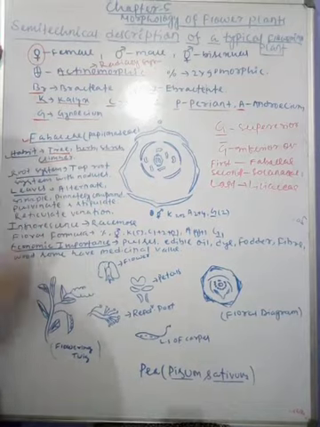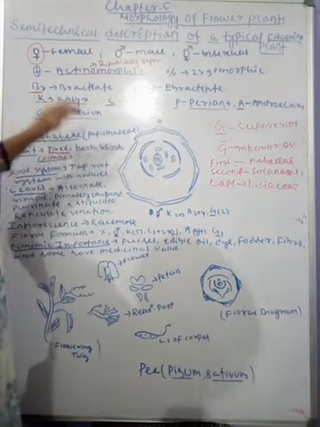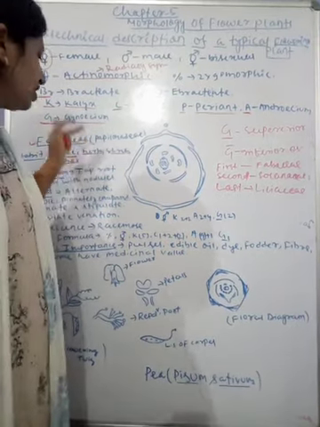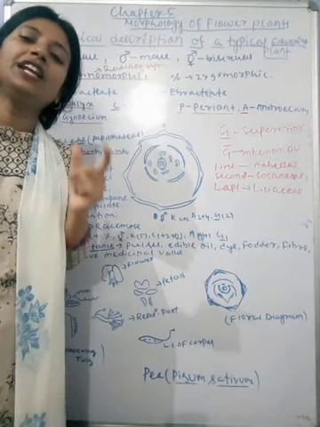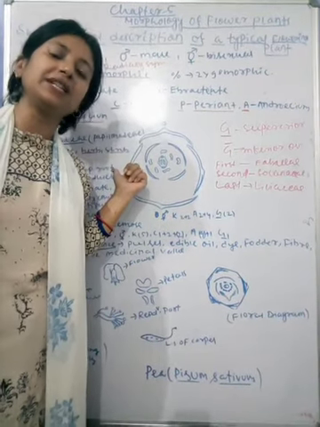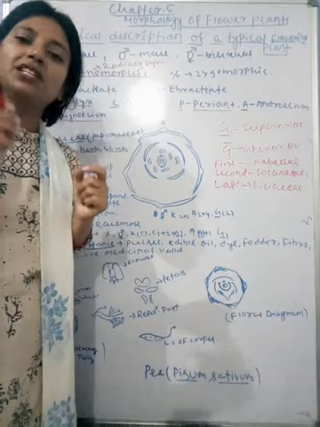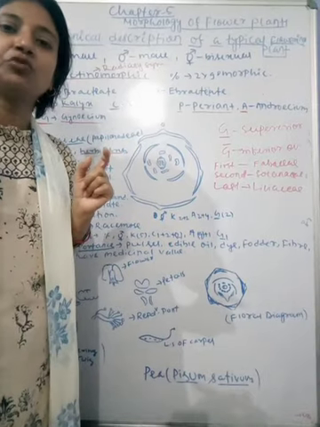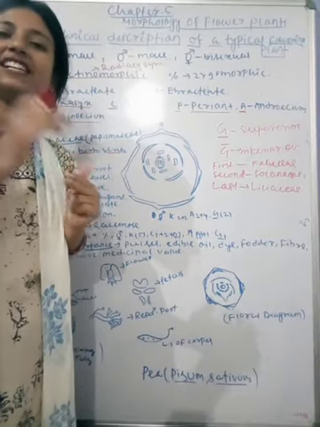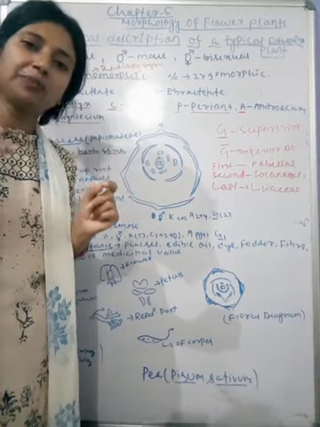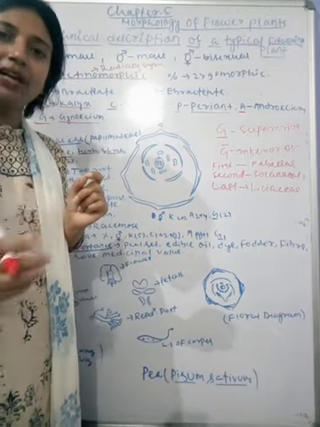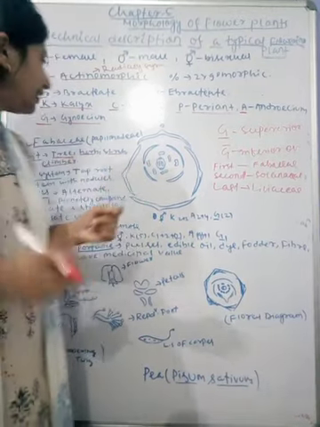Next is its root system. As we know, it comes under Fabaceae, so all the pulses or leguminous plants are present. That's why it must show a taproot system. You know about the taproot system from initial classes. I have already explained taproot, which has a main root from which root hairs arise.